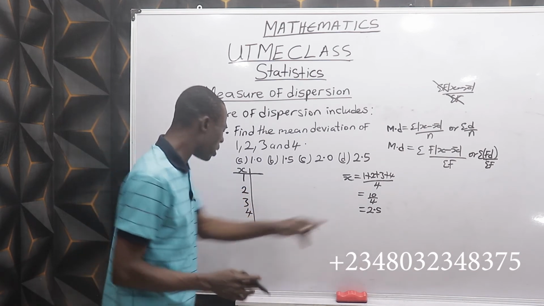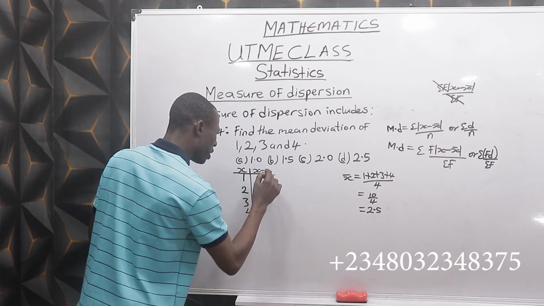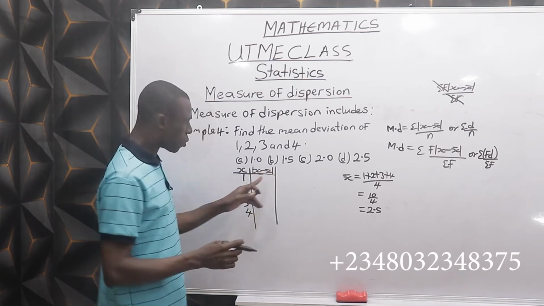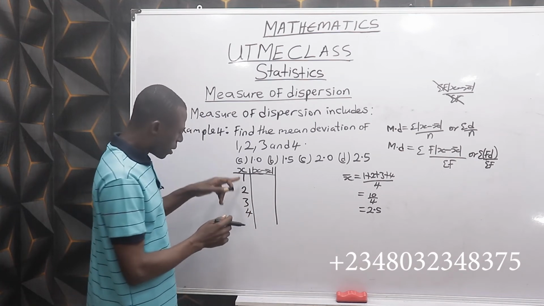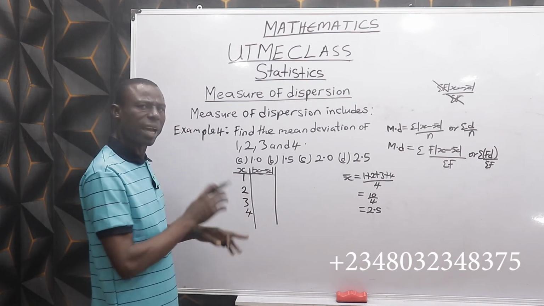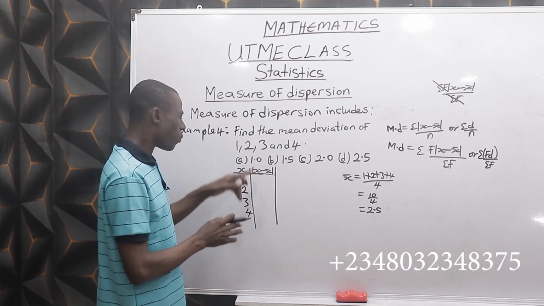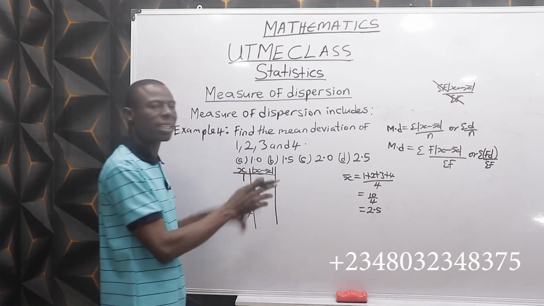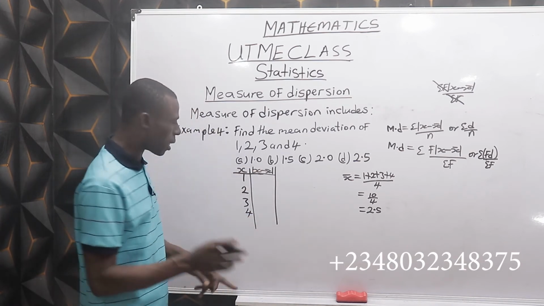If the calculated mean is this, our deviation will be x minus x bar, absolutely calculated. Since 1, 2, 3, 4 are the x values, we take them one by one. You find the difference between the x value and the calculated mean. Calculated mean is the x bar, don't forget.